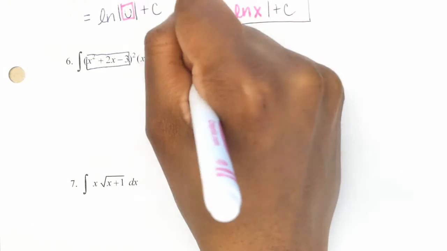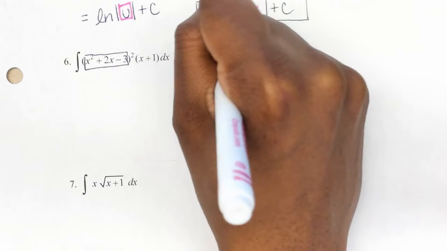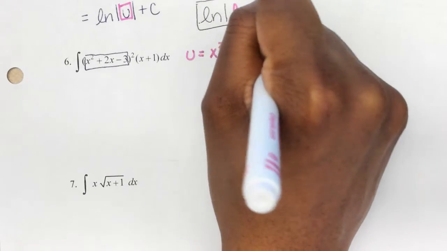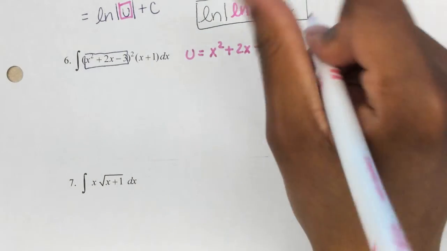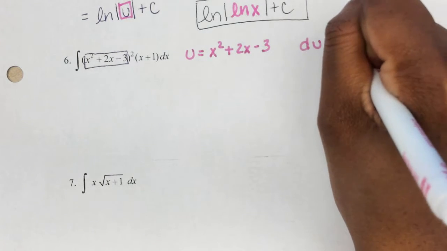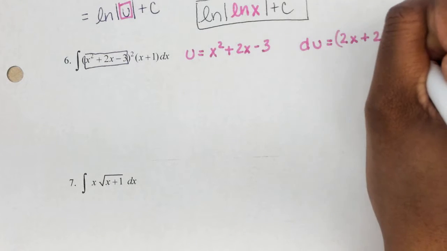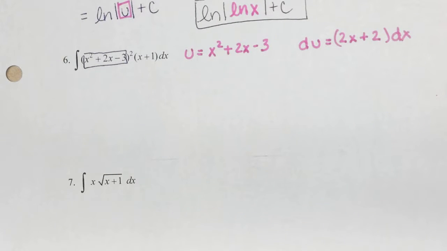So my u is equal to x squared plus 2x minus 3. So my du is equal to 2x plus 2 dx.